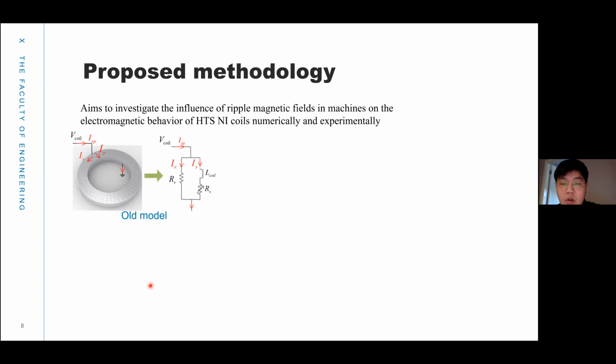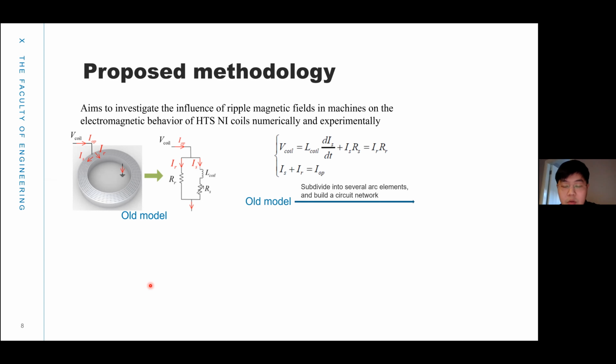The proposed methodology is a circuit network model. This is the old model developed by MIT in 2010, in which they separate the current in two directions and assume all the rotational current is the same.